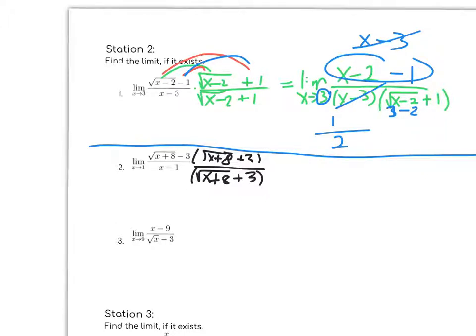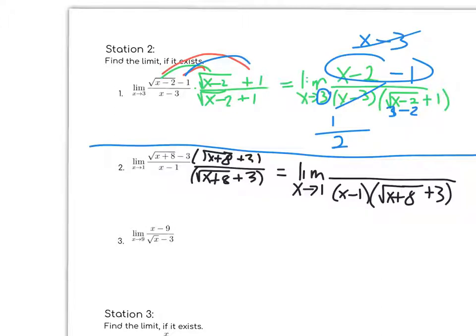When we do this out, again, the bottom is just going to stay the same, so we have the limit as x approaches 1, and the bottom is going to be x minus 1 times the square root of x plus 8 plus 3. On top, we're going to end up with x plus 8, the middle parts cancel out, and then we have minus 9, which is x minus 1.